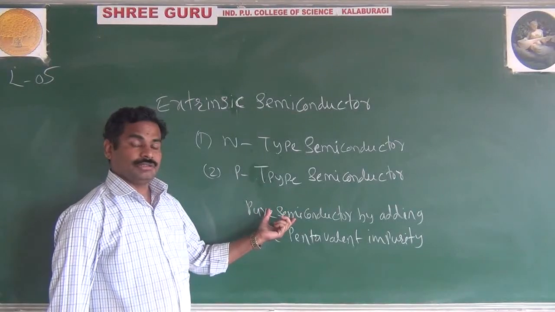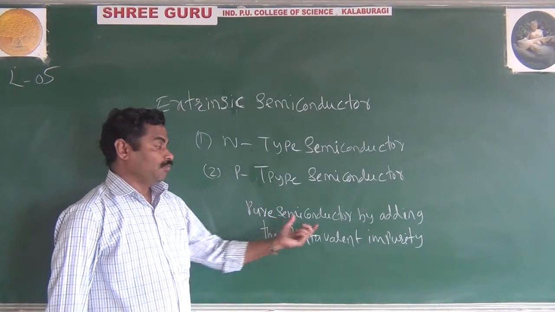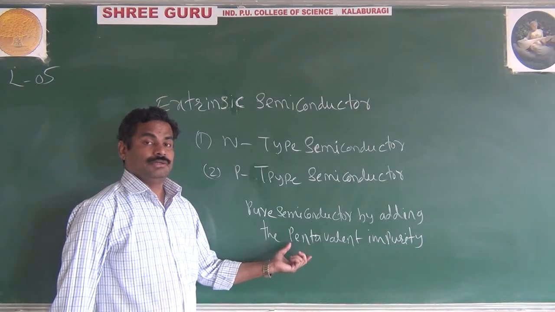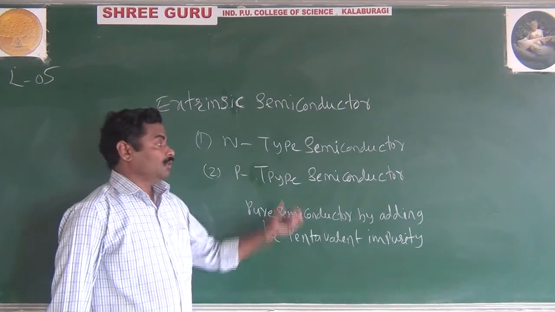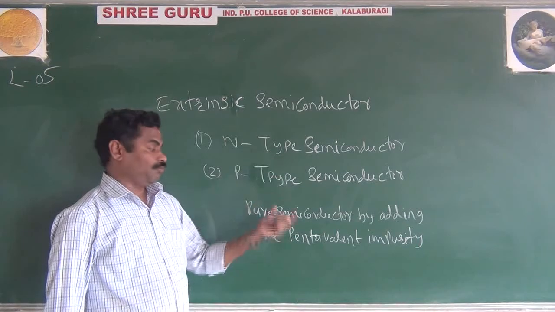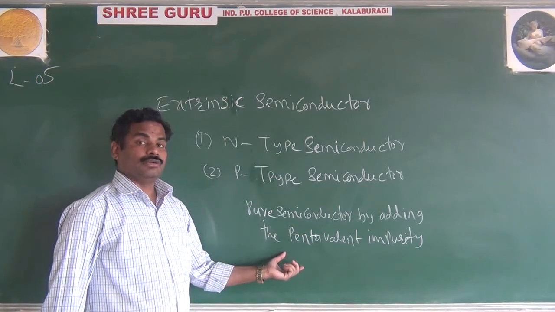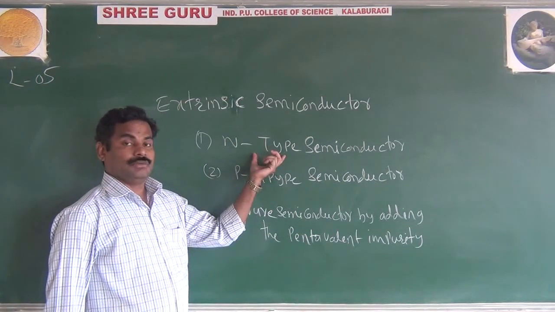A pure or intrinsic semiconductor, by adding pentavalent impurities, which may be arsenic or phosphorus, becomes the N-type semiconductor.